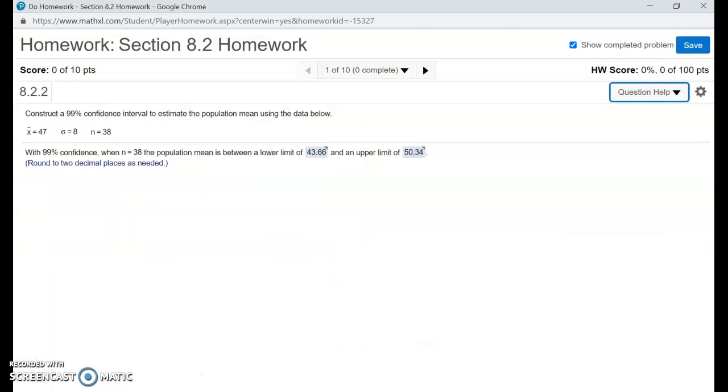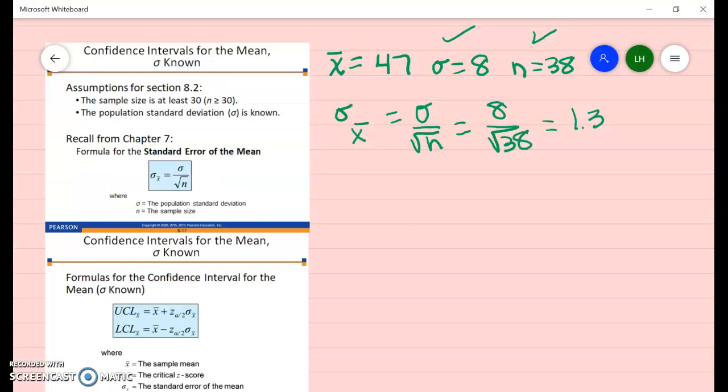Now, we're doing a 99% confidence interval. So this interval, 99%, would be right here. So we have 1% that is going to be split between the two sides. The significance level is 1%, because this has to add up to 100%.